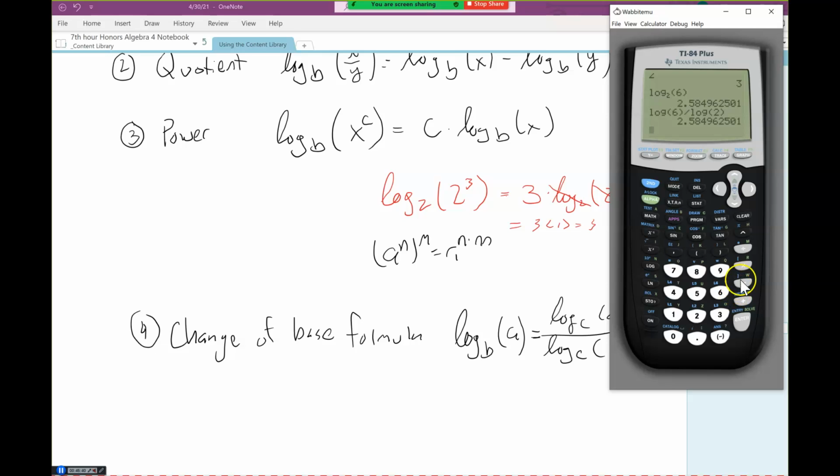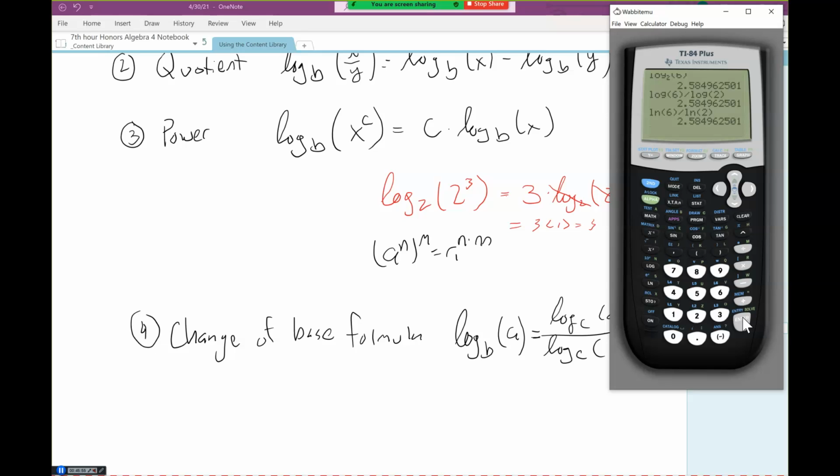Or I could do the natural log of 6 divided by the natural log of 2. Or you could pick some other log base if you wanted to.